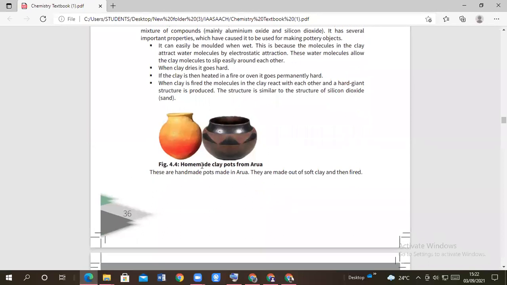These are examples of homemade pot clays. This is from Arua. Who is from Arua? Anena, are you from Arua? Because they are telling us that these pots were made in Arua.